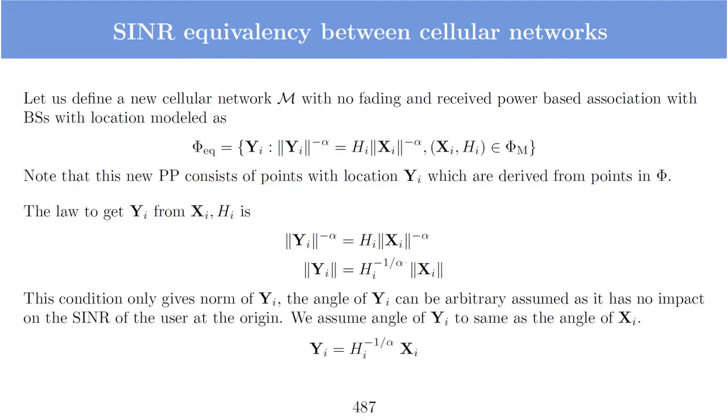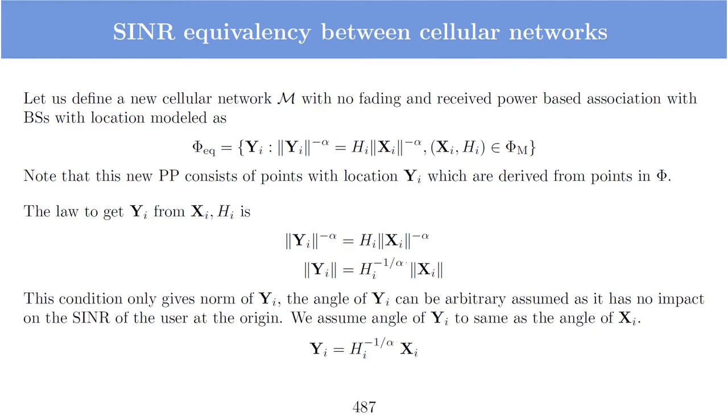Now we define a new cellular network which has no fading. And it has just the average receive power based association. But we make one change. We redefine the base station location process.